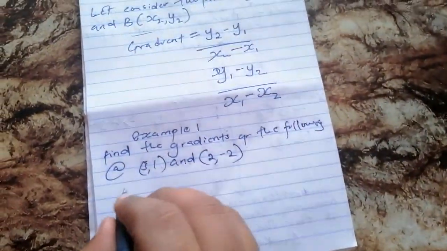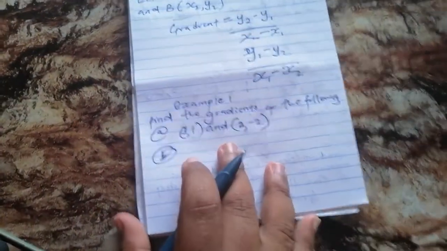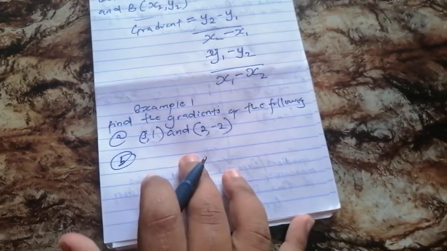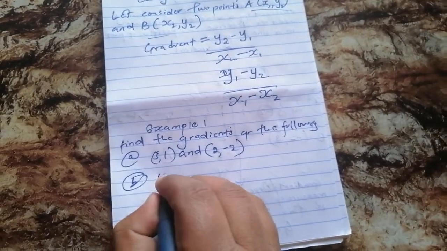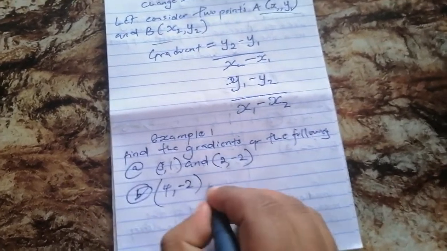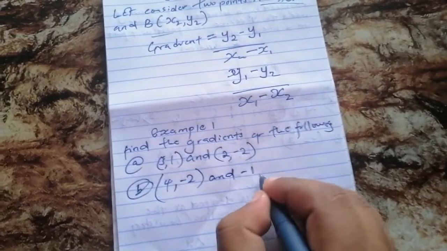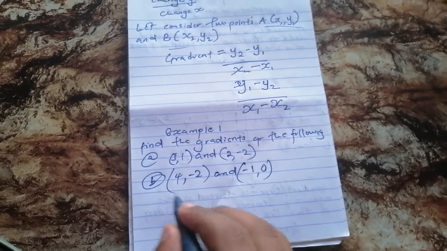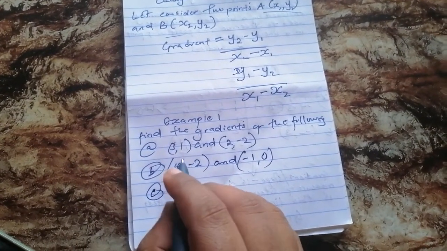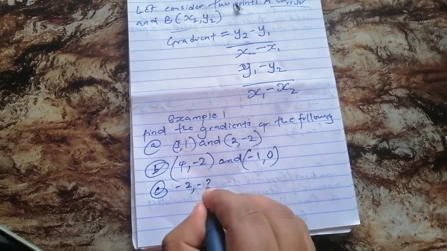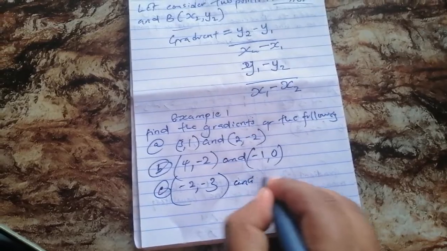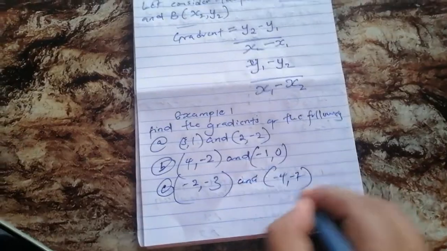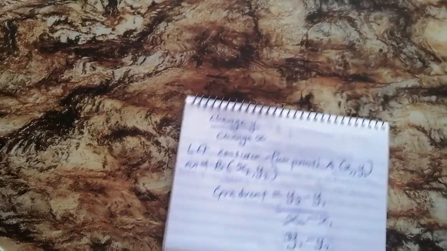Then we have B: our points will be (4, -2) and (-1, 0), enclosed in brackets as we said earlier. Then we have C: the points here are (-2, -3) and (-4, -7).